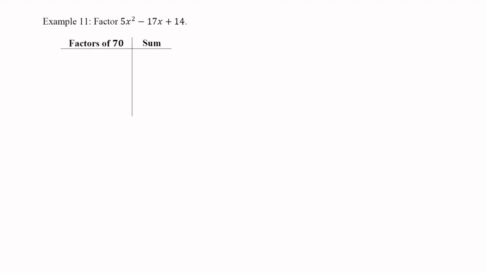So let's do an example. We need factors of 70, because 5 times 14 is equal to 70, that are going to add to give us negative 17. So we have negative 1 and negative 70, which is negative 71. That will not work. Negative 2 and negative 35 will not add to negative 17. Neither will negative 5 and negative 14, but negative 7 and negative 10 will.